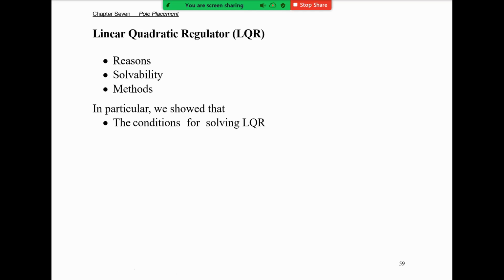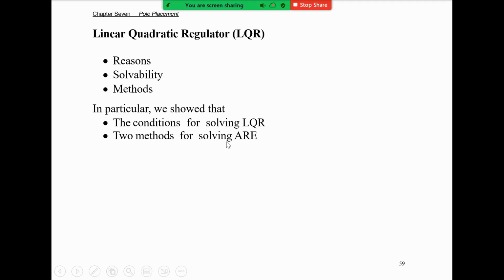Then when we formulate the cost function, we have to be careful about those Q and R. We have to put them into a proper form. We design Q such that the system is observable, which means that you have to put some state variables inside the performance index. Then, of course, all the input variables have to be inside the cost function. If you don't do that, some of the input may blow up.